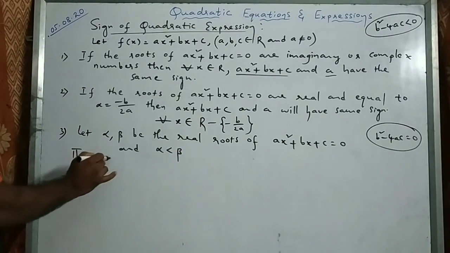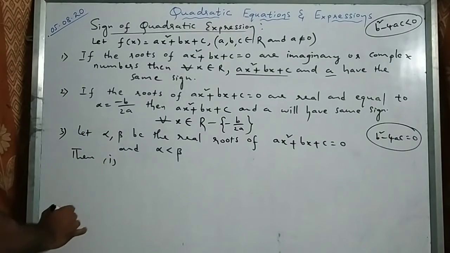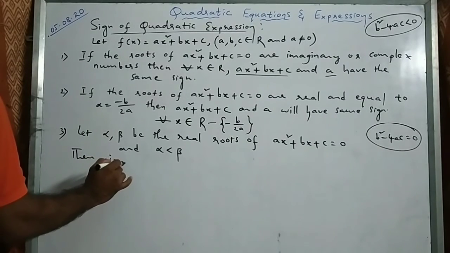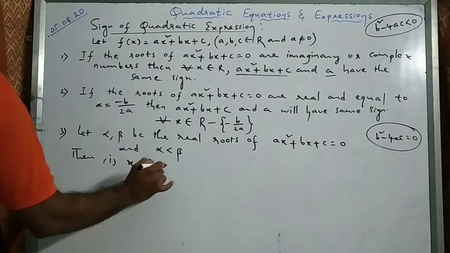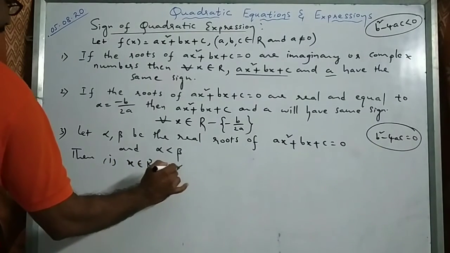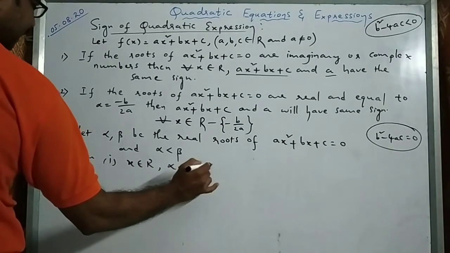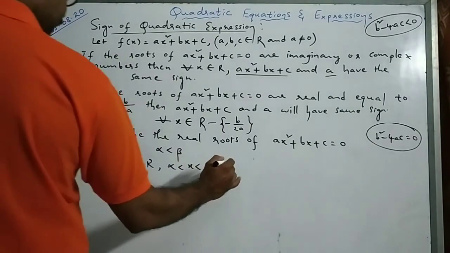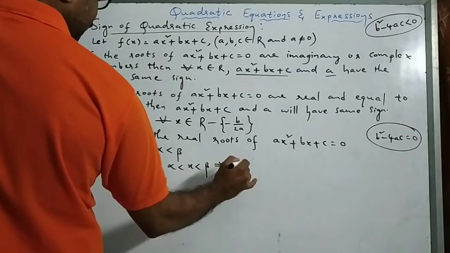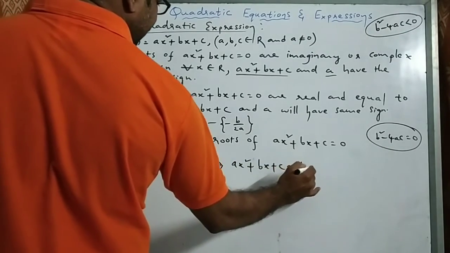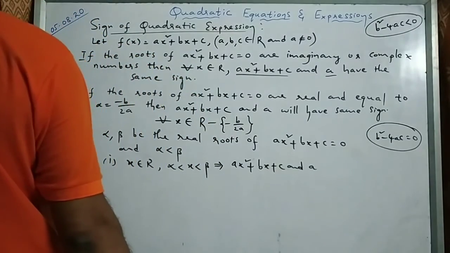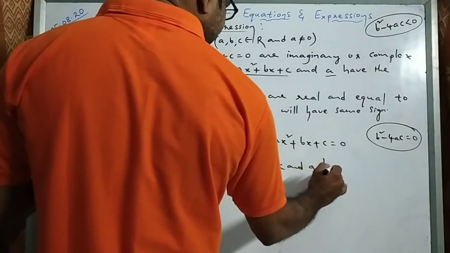Then first condition, x belongs to R, alpha less than x less than beta, then ax square plus bx plus c and a have the opposite signs.